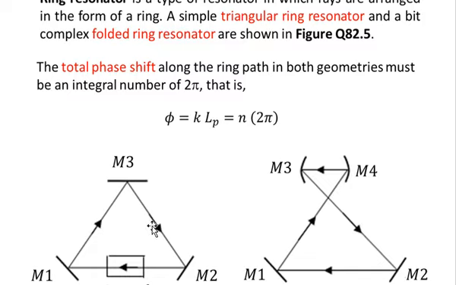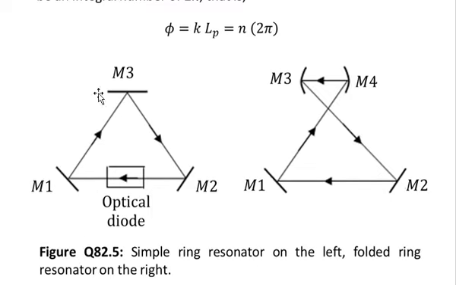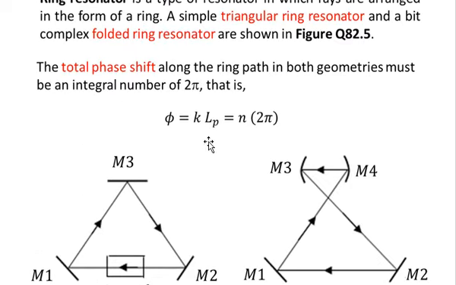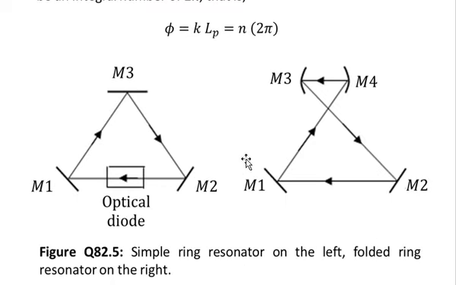So Lp is the whole geometrical distance that the light will travel in one pass. So k times Lp must satisfy the condition of being equal to n times 2 pi, for the oscillations to take place in these two resonators.